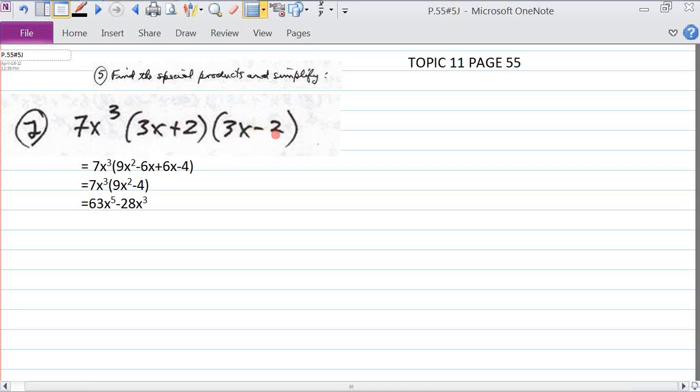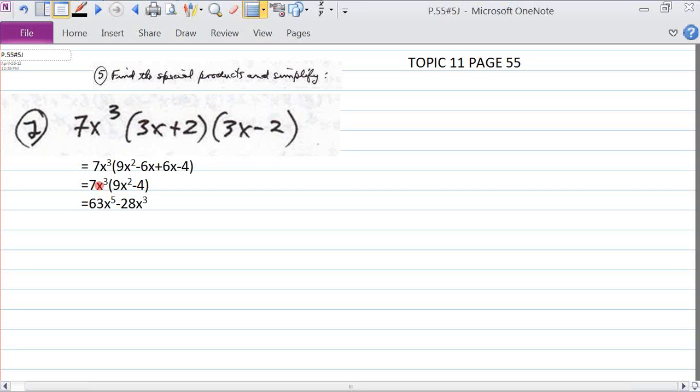Now the outer is minus 2 times 3x, which gives us minus 6x. The inner is plus 2 times 3x, which gives us plus 6x. And the last term is plus 2 times minus 2, which gives us minus 4. So the minus 6x and the plus 6x go to 0. So essentially we have 9x squared minus 4.